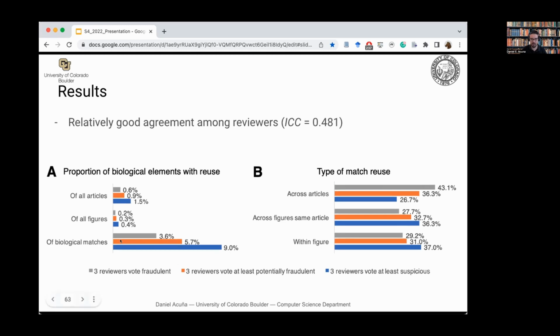But if you start focusing on papers that are about biological images, and if you care about being very careful, and if one of the reviewers out of 3 says that there is a problem, then you get a number that is like 9%. So if you are really careful, there are like 9% of papers out there with biological images that might have an issue.